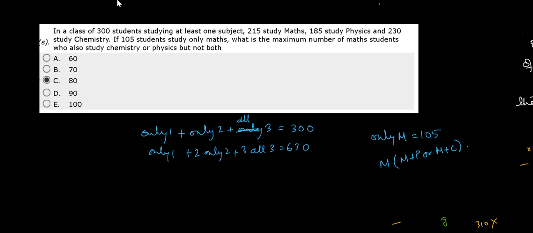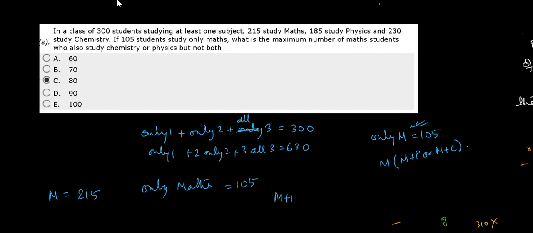What are the number of people studying maths? 215. Okay. Only maths 105, given, right? So what can be the rest of it?